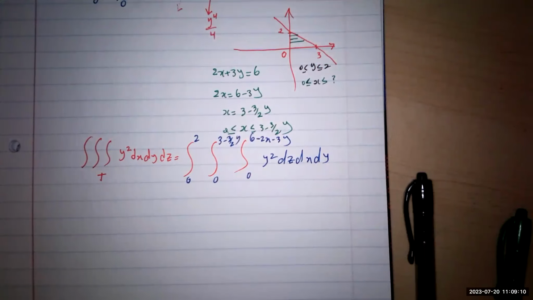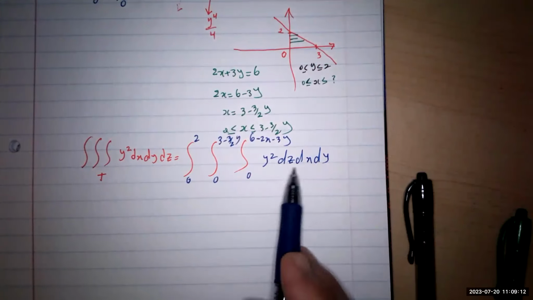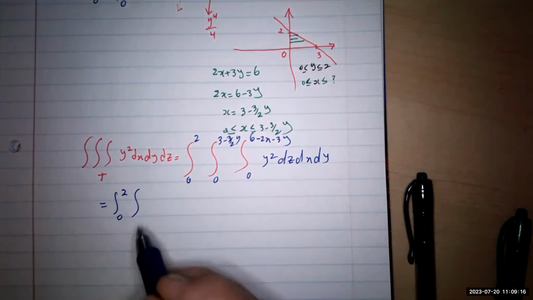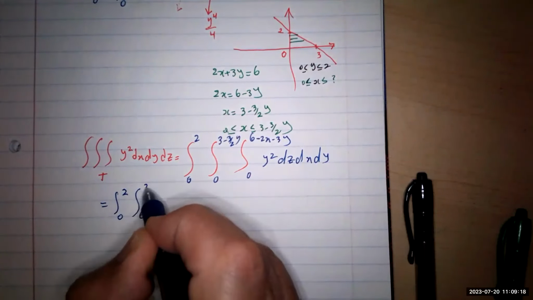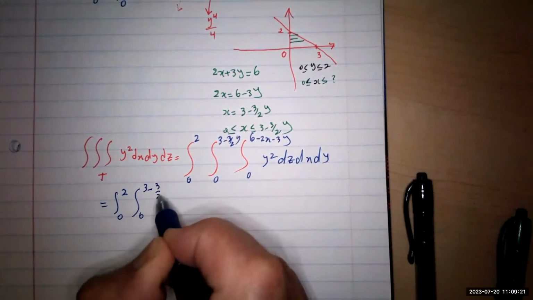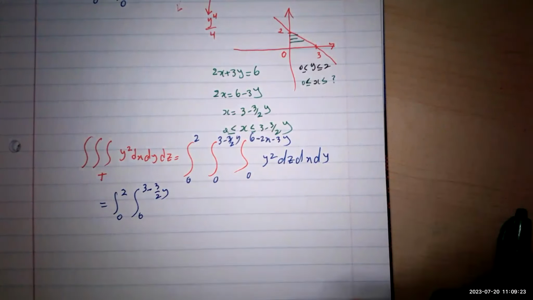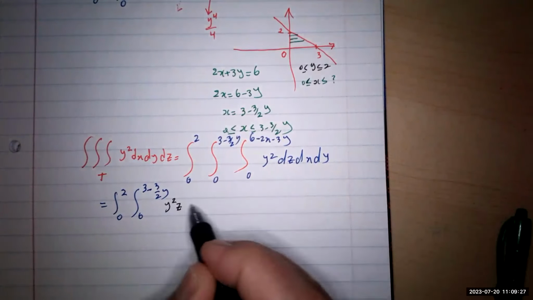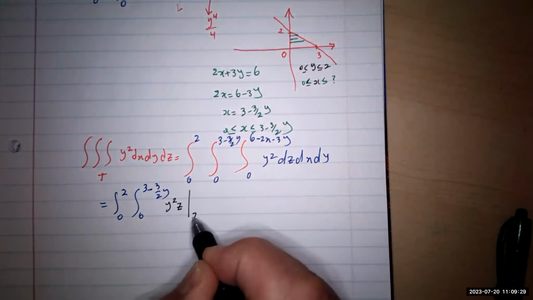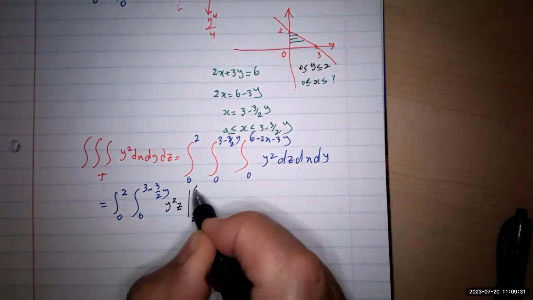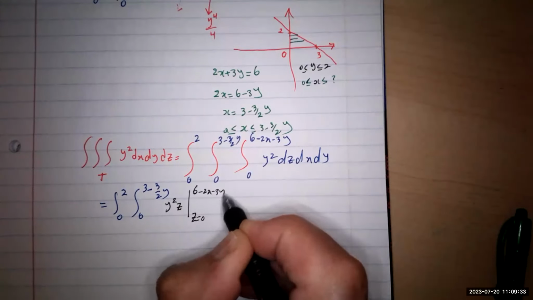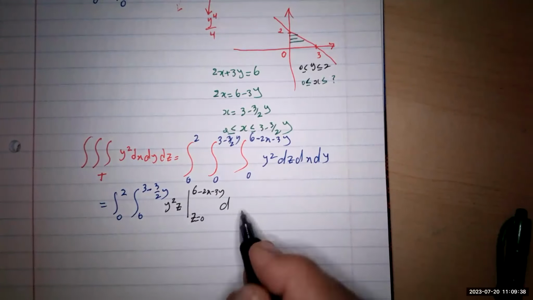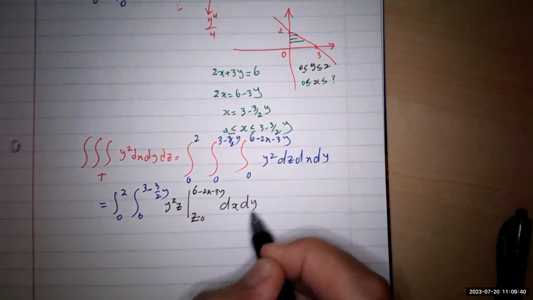So if you need to change the direction, change it. The first part is going to be the same thing. I do it 0 to 2, and this is going to be 0 to 3 minus 3 half of y. That gives you the same one, y squared z, of course, z going from 0 to, as we did it before, 6 minus 2x minus 3y. And then you integrate with respect to the x first, then the y.